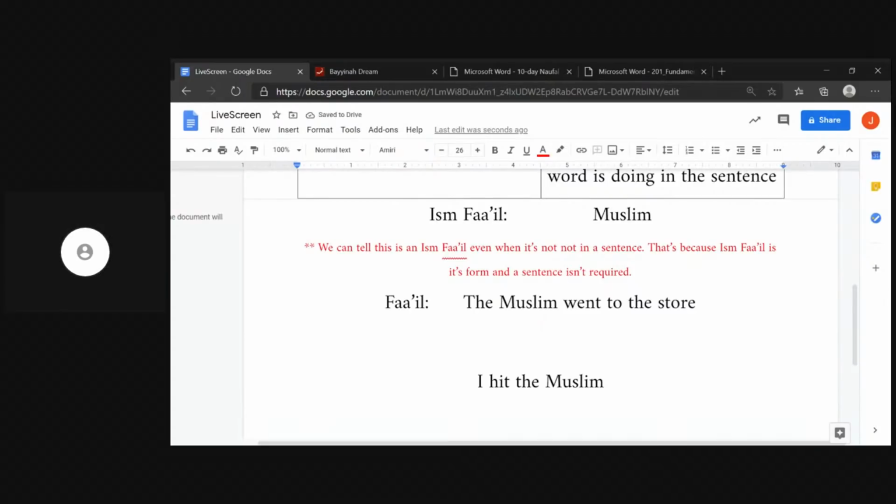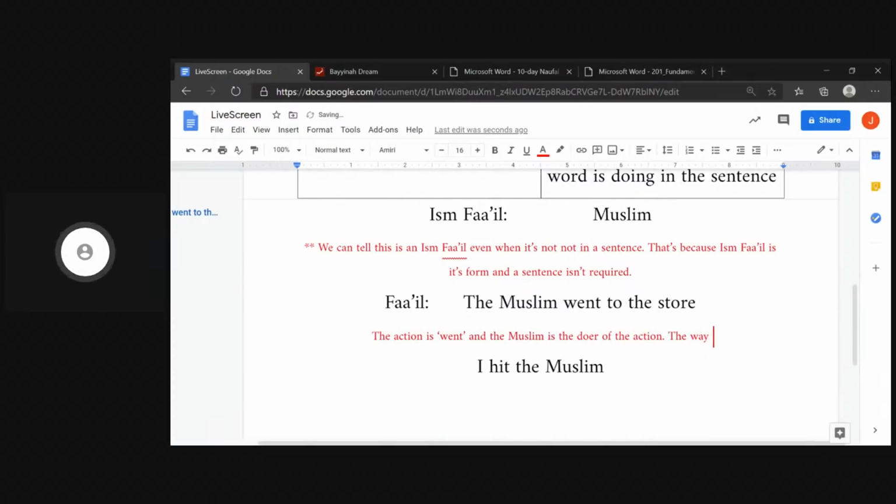In this one, the action is went, and the Muslim is the doer of the action.